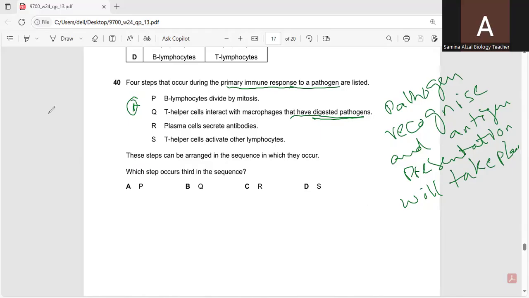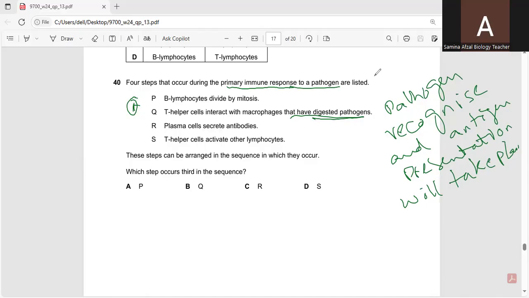And then the second step will be, when the T helper cell recognizes the presented antigen on the macrophage, it becomes activated.